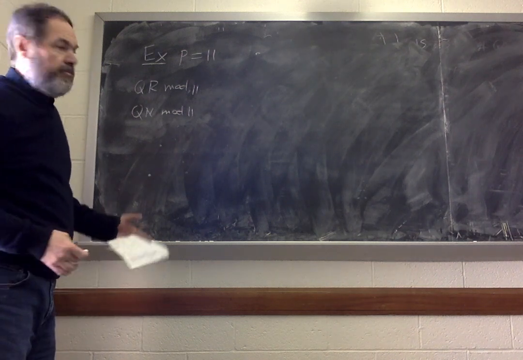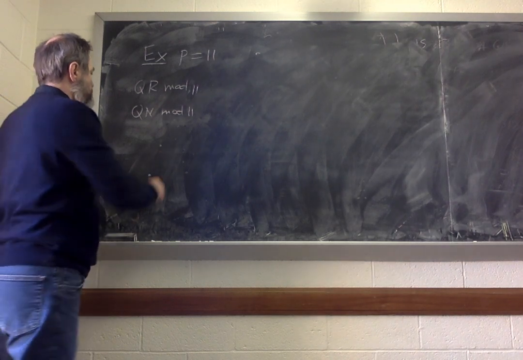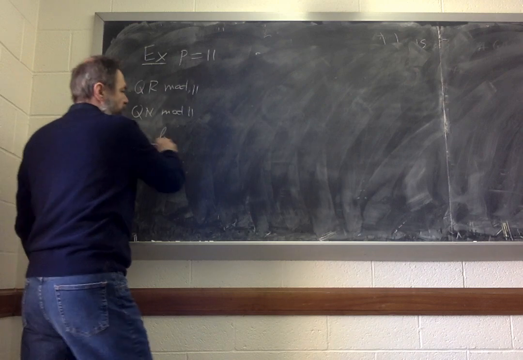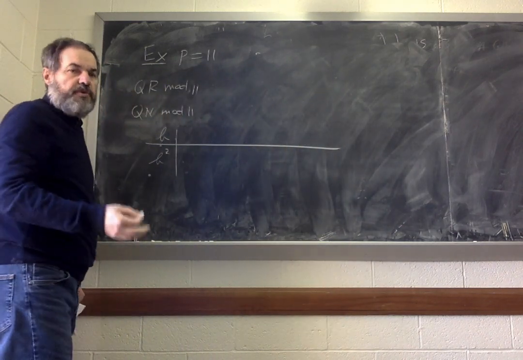How do I find them? I make a list. Say b, and I compute b squared.